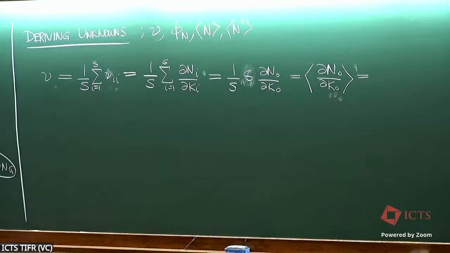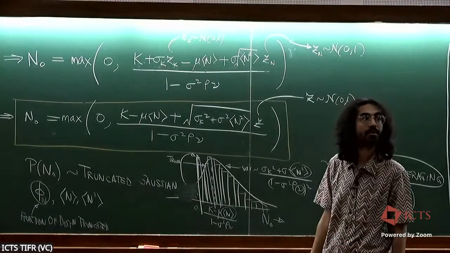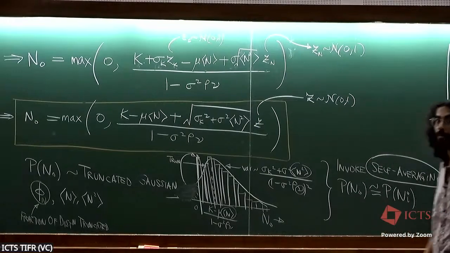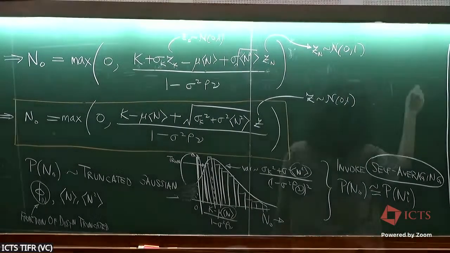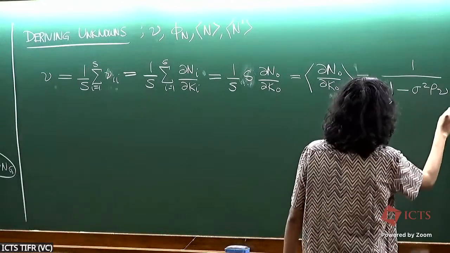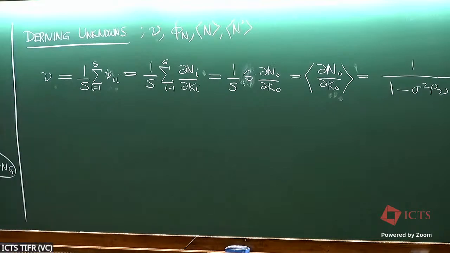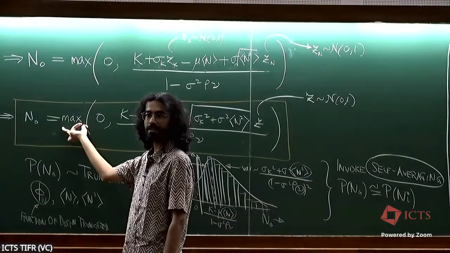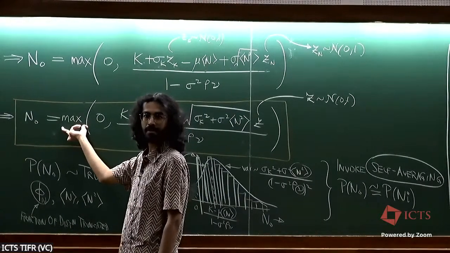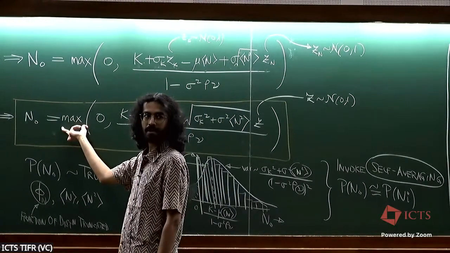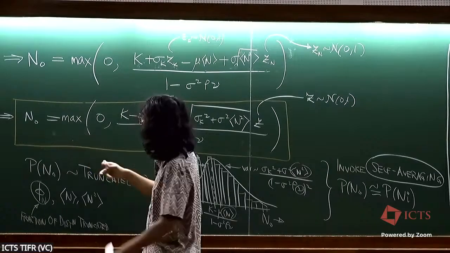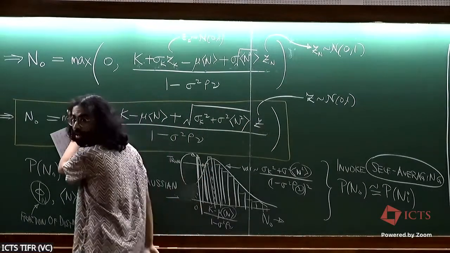Is everyone confused about how to take a partial derivative? 1 by 1 minus, okay. Is everything okay with this, or have people conveniently skipped over some important letters in this expression? You've just taken a partial derivative of this, right?